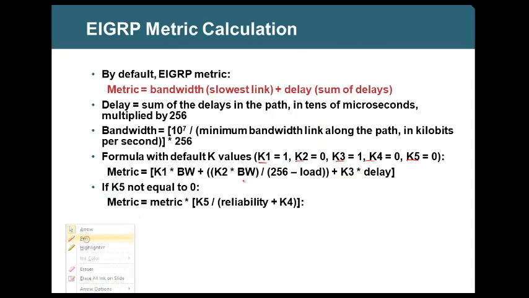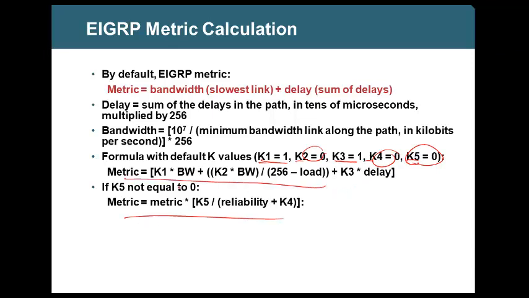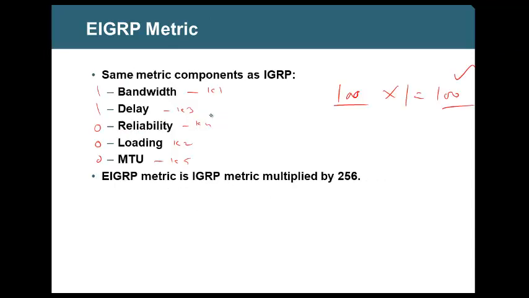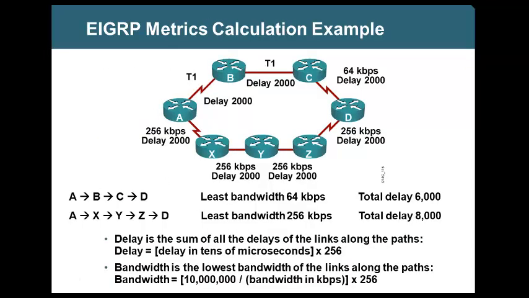Don't focus too much on these things. You need to focus on this red line. Metric of EIGRP is K1 and K3. K1 is bandwidth. Which bandwidth? If you see this picture, to go from A to D, there are two paths.